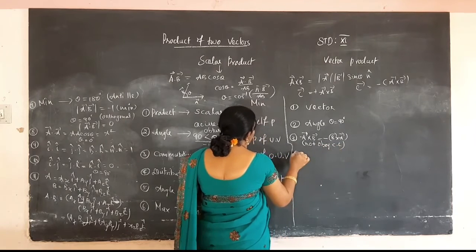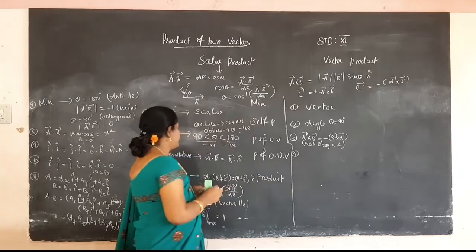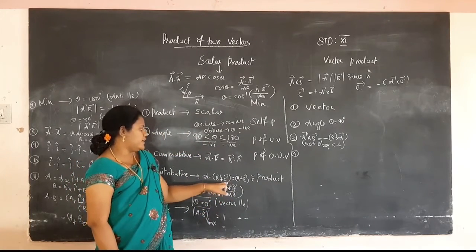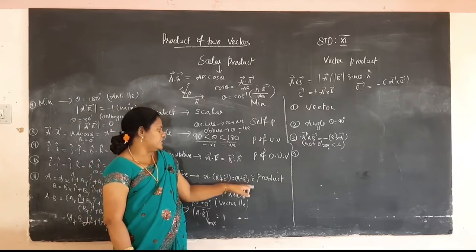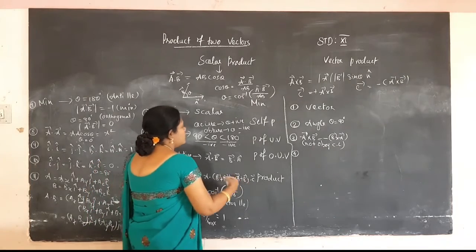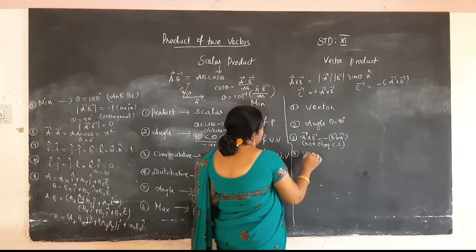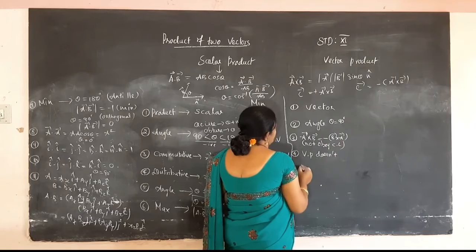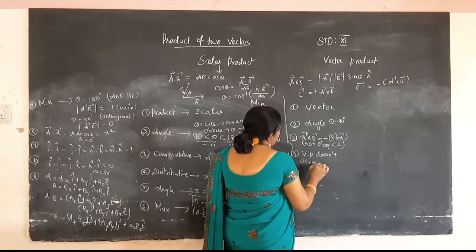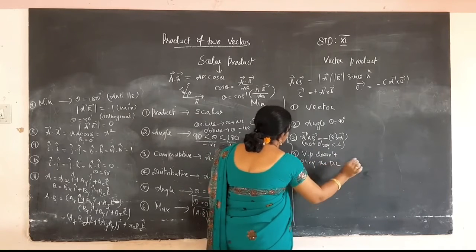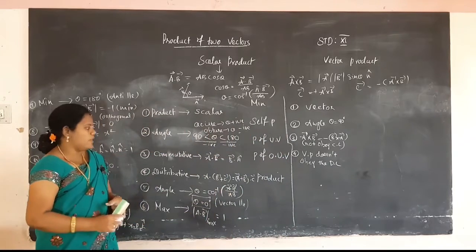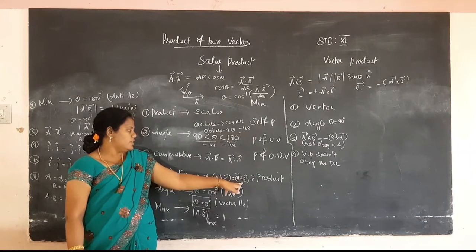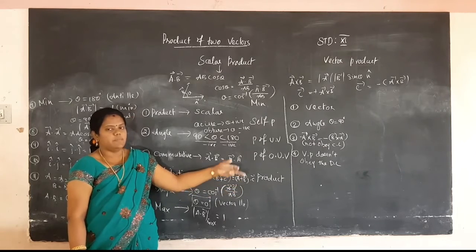Then the fourth one, the distributive law. What is the meaning of the distributive law? A vector into B vector plus C vector, equals A into B plus A into C. The vector product does not obey the distributive law either, because the result comes out opposite, with a negative sign.